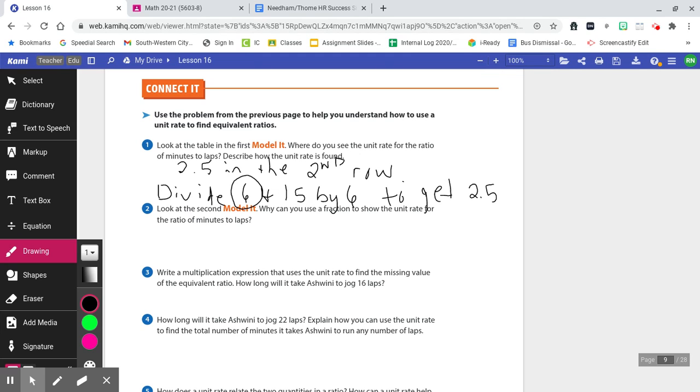So don't forget, if you are writing a fraction, such as 15 divided by 6, this fraction bar in between them means to divide. So you divide the numbers in a ratio. Divide the numbers to find your rate.